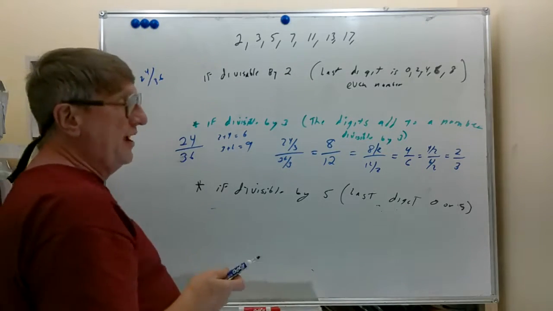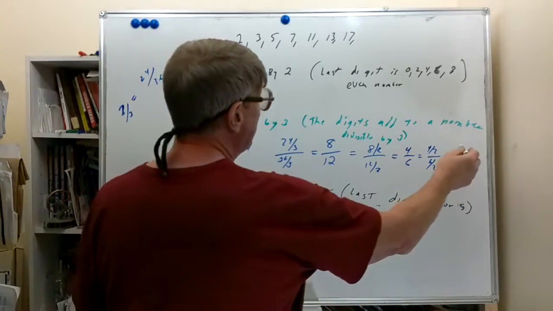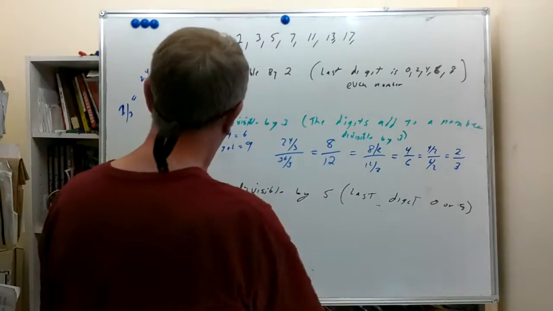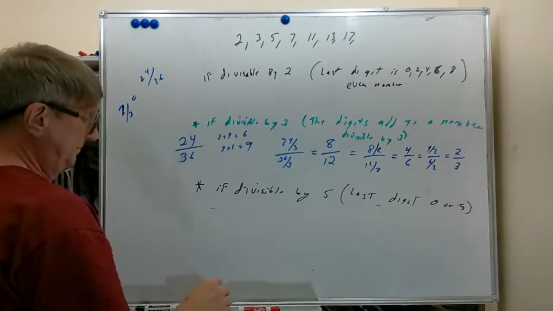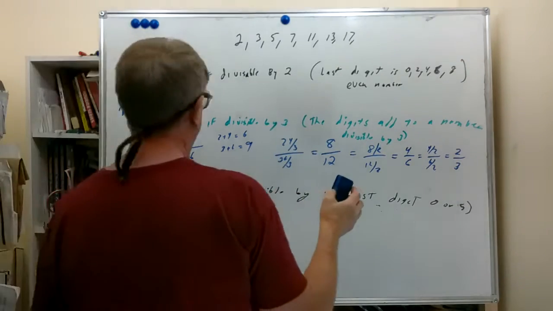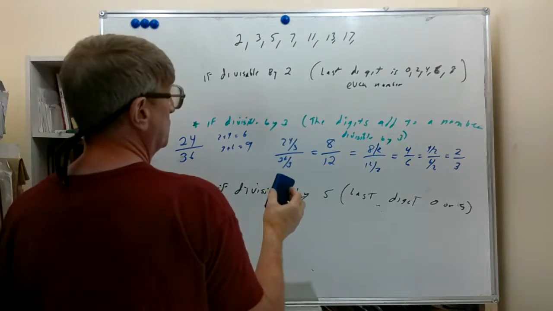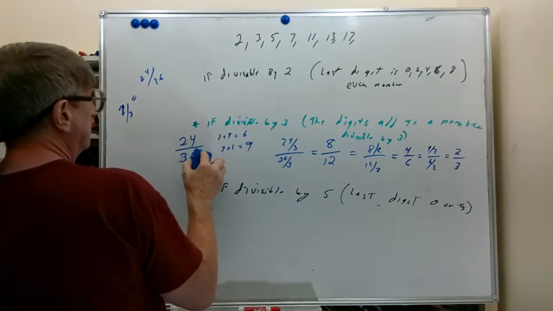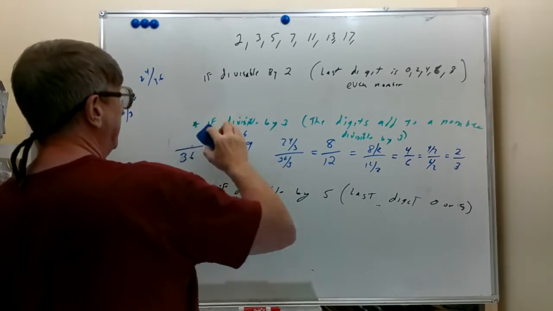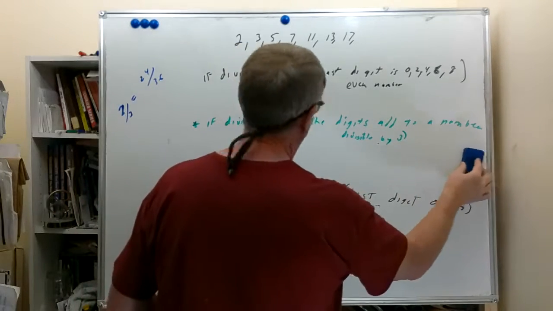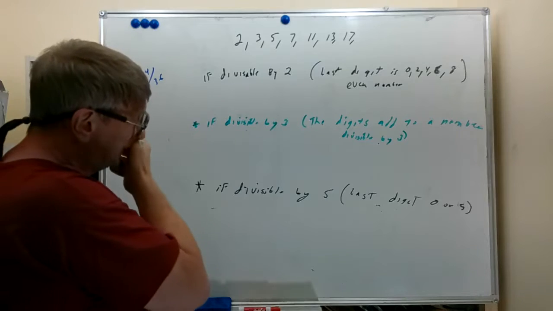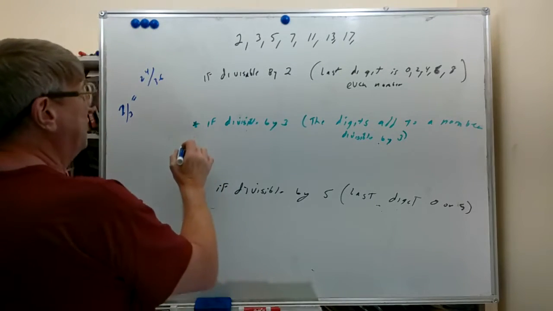Now when we reduce a fraction to lowest terms, we are not always going to get prime numbers. What if we come down to 4 over 7?